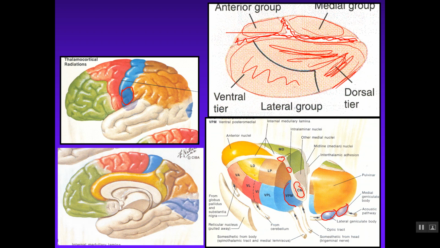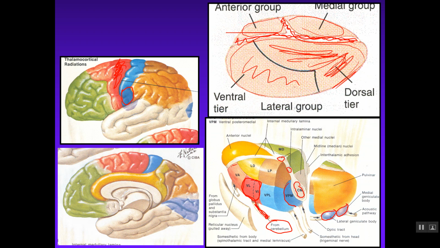And then here's the VL, the ventrolateral group. Here, these are axons coming up from the cerebellum, from the superior cerebellar peduncle, going to the VL, which then relays that up to the cortex. You can see that's going to those motor areas to adjust the motor activity.